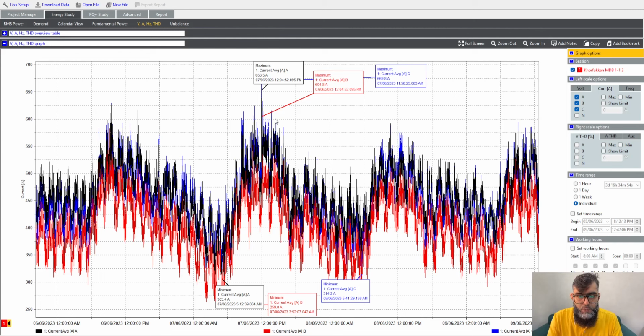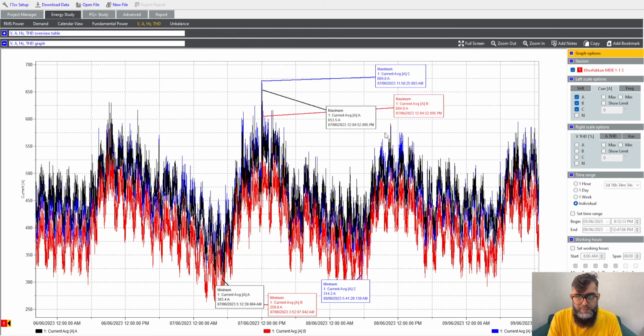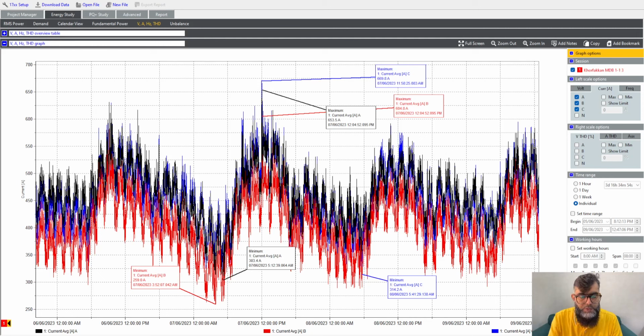If you look at the maximum current values, you'll see that the max current occurred almost at the same time: 1204, 1158, 1204. And the minimum is also almost at the same time for the red and yellow phase, but for the blue phase there is a significant time difference.